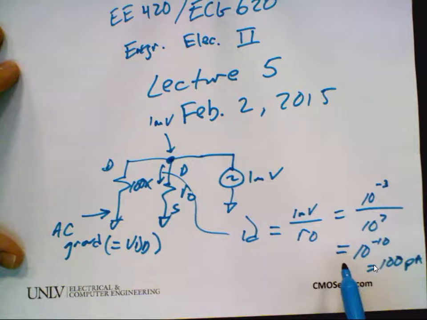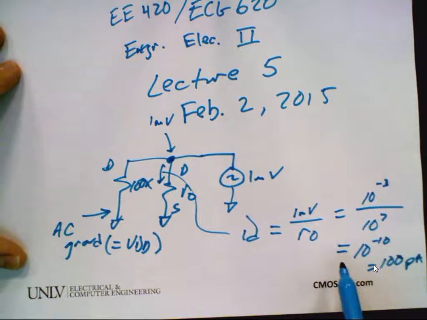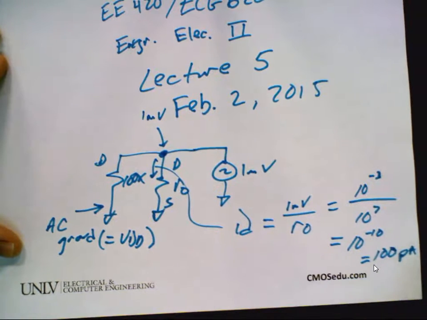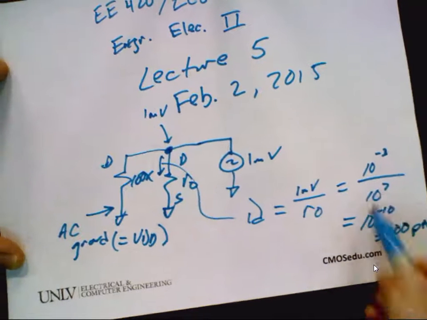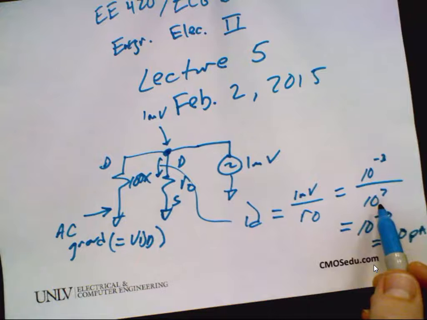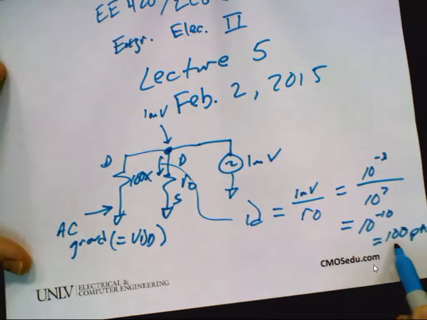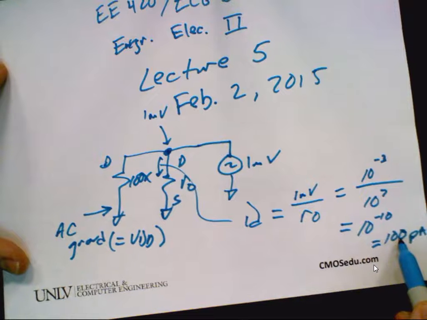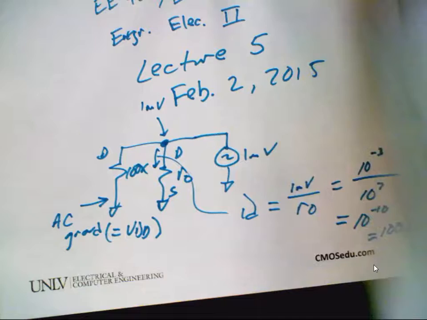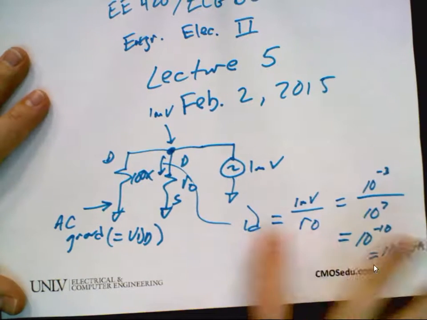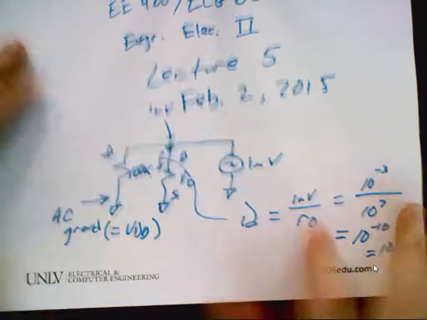What was the number you simulated? 300 pico? Well, but if I change this value to 5 meg or whatever, this becomes 200 pico. Well, wait. Okay, so this is very straightforward. You understand this part, right? 1 millivolt divided by R out.